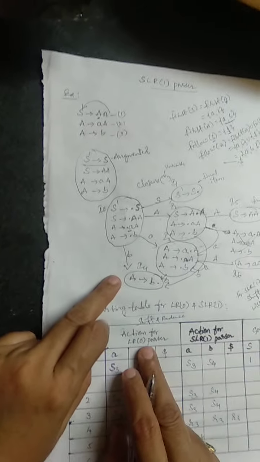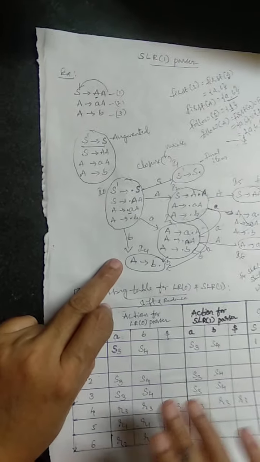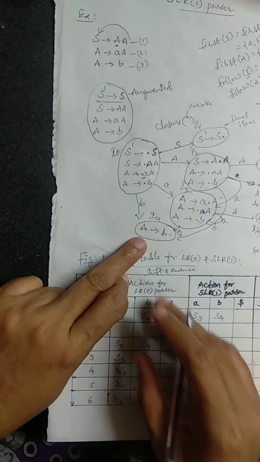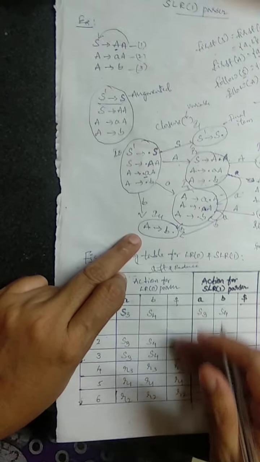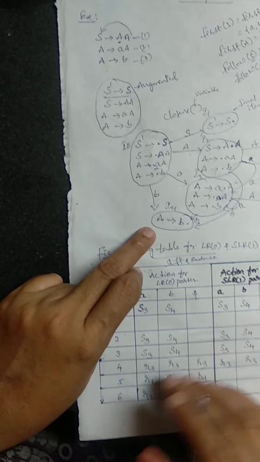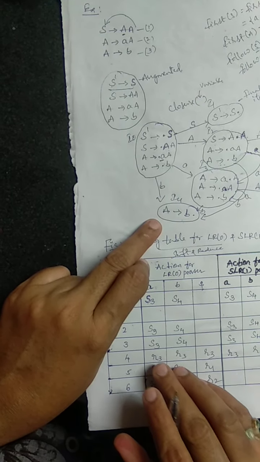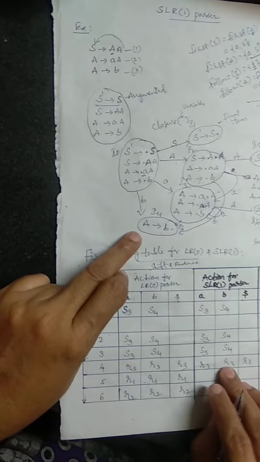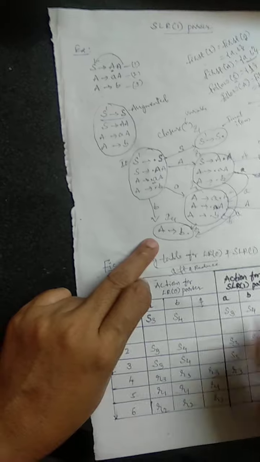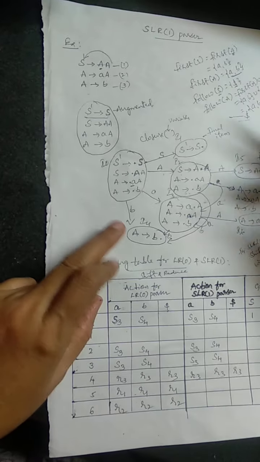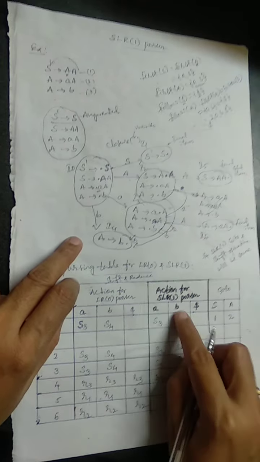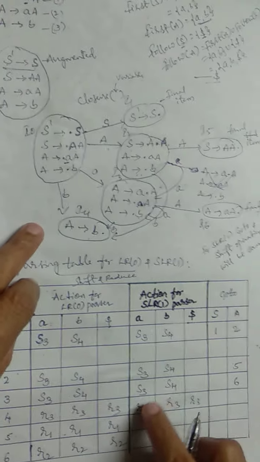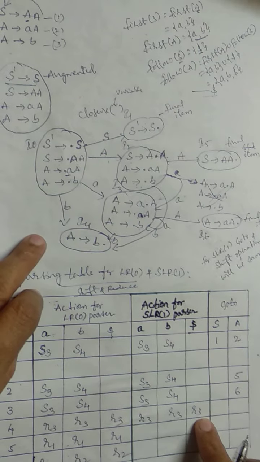In LR0 we did not calculate follow of that variable, so we directly wrote the reduce symbol in the entire row. But here in SLR1 we have calculated follow of A, which gives the terminals a, b and dollar, so we write R3 under all three terminals.